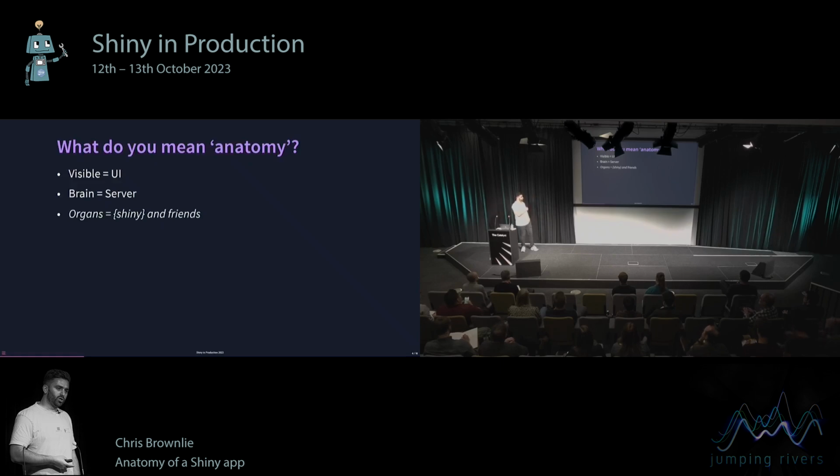If you think of a Shiny app as a person or perhaps an animal, you can think of the UI being the stuff that you can see, like the size, the shape of the body, the facial features. The server being like the brain, which takes in information, does calculations, gives information back. And so in this analogy, the Shiny package and other packages that Shiny uses, you can think of as providing the organs for the app.